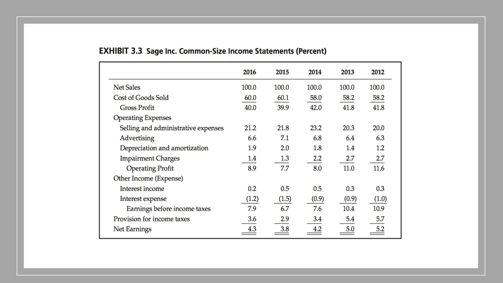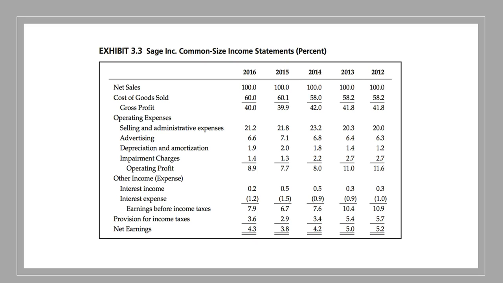It kind of puts everything on an even plane because net sales was different for each year, but when we common size it, it actually puts all of the years on an even footing. Net sales becomes 100%. And so we can look to see what's changed.